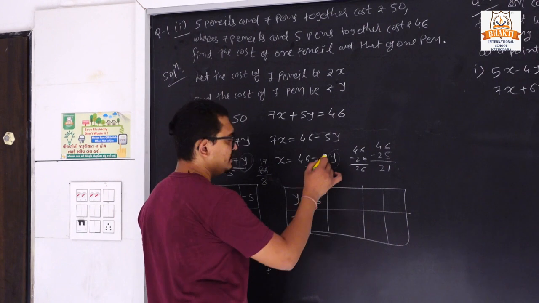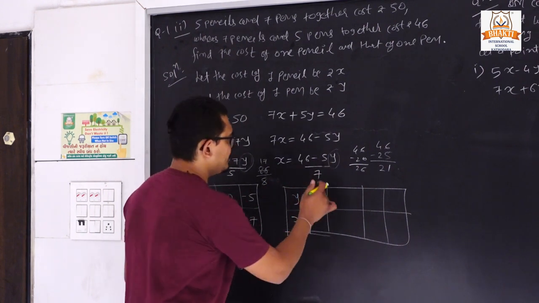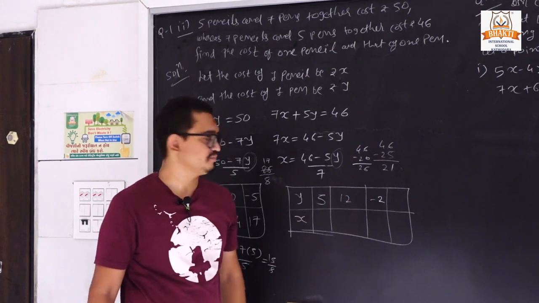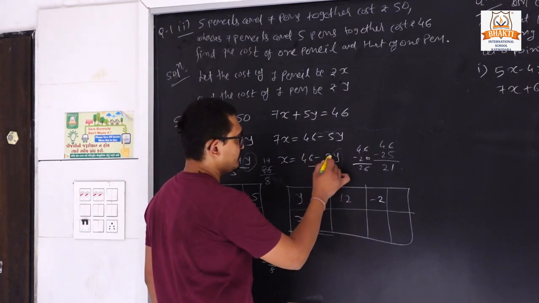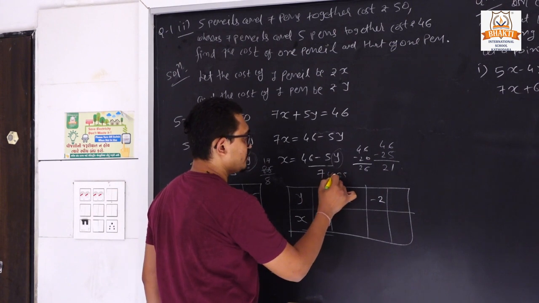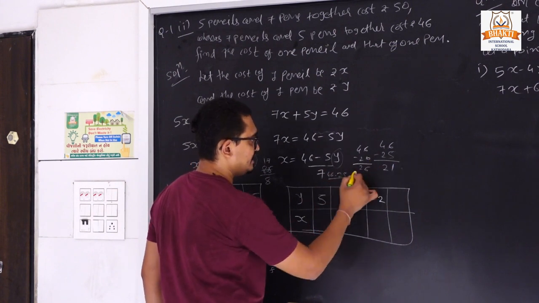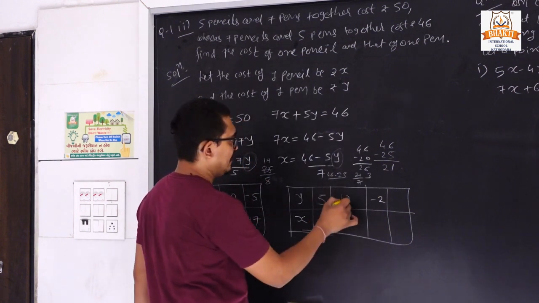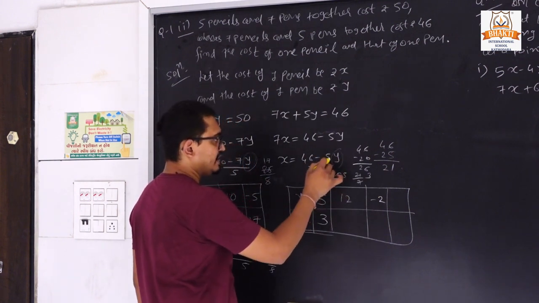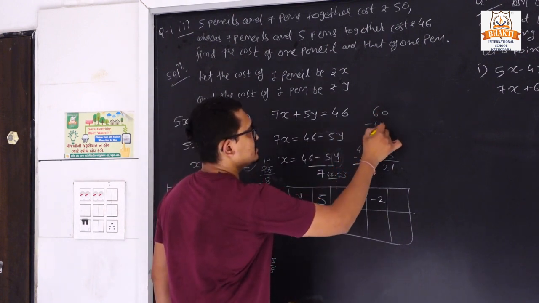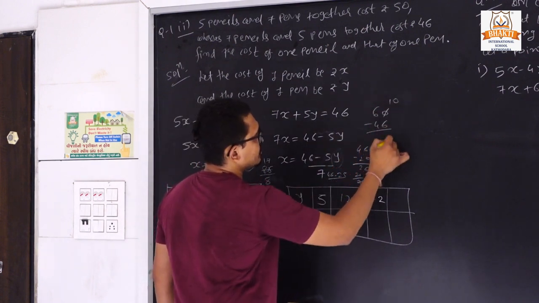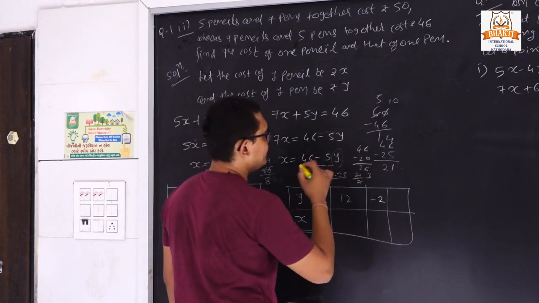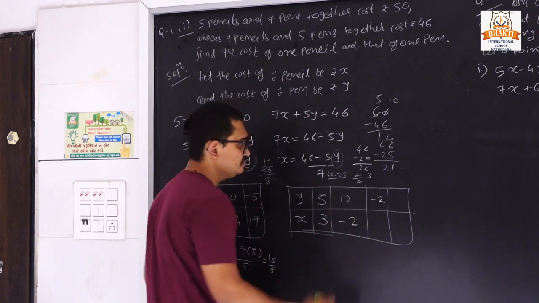Similarly, once again we will put a different kind of value. Suppose we take the value 12 and minus 2. If we put 5, 5 5s are 25, so 46 minus 25 is 21, divided by 7, 7 3s are 21, so here we have 3. Then 12, 12 5s are 60, 60 minus 46 is 14, divided by 7, so it is 2.